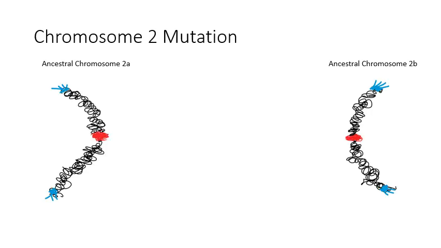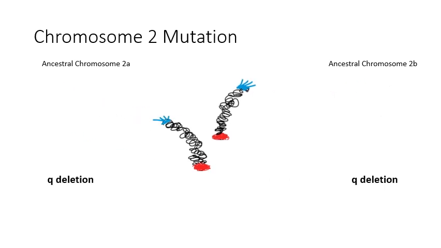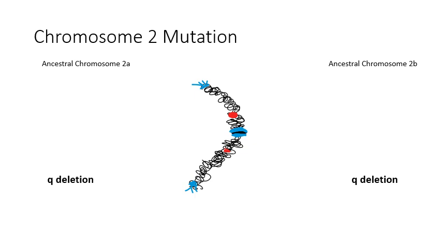Now, in the case of the human chromosome 2, there's this mutation as pointed out. So we have an ancestral chromosome 2A, ancestral chromosome 2B, and they're going to do their thing here. There you go. They've mutated. There was a head-to-head fusion.